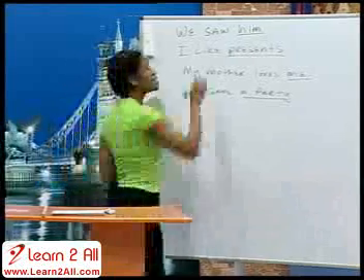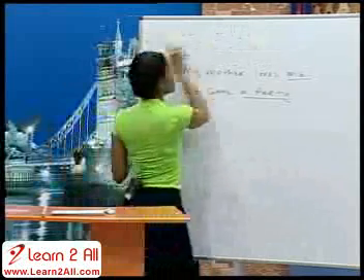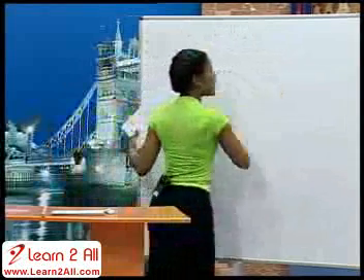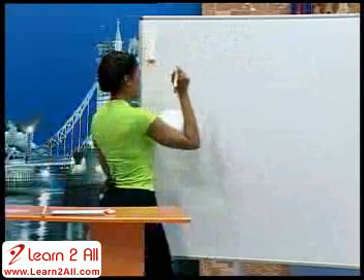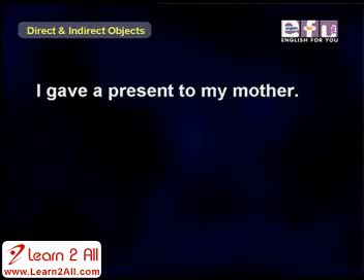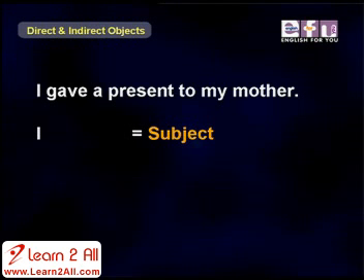So here is a sentence with both a direct object and an indirect object so that you can understand the difference. I gave a present to my mother. Okay? So the subject is easy.